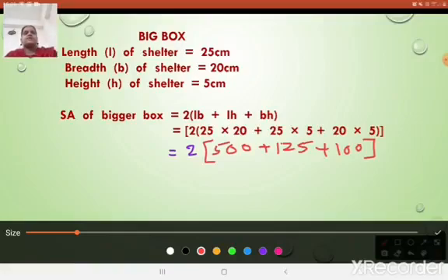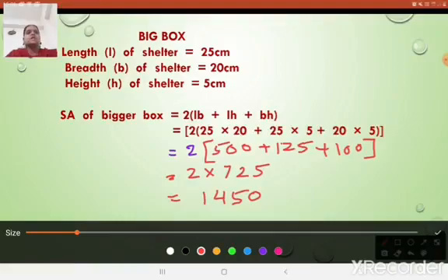So 500 plus 125 plus 100. 500 plus 100 is 600. 600 plus 125. 600 plus 100, 700 plus 25. So it will become 2 into 725. Multiply: 2 5s are 10, carry 1, 2 2s are 4 plus 1 is 5, and 7 2s are 14. Is it clear to all of you, this calculation?